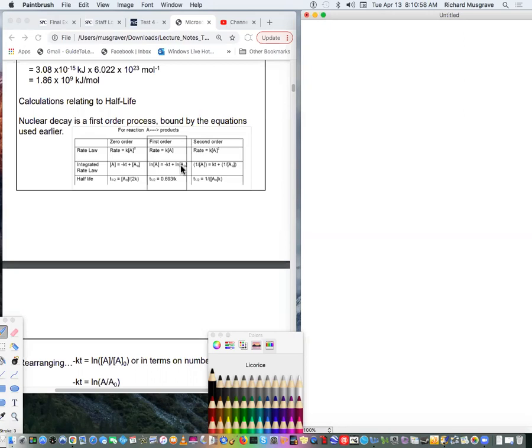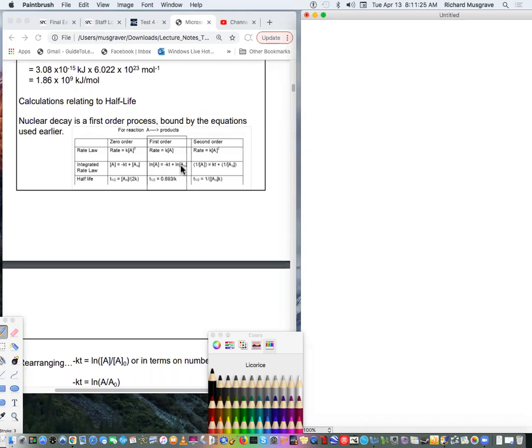So, for example, there's a radioactive isotope of strontium. I can't remember the exact mass of it, but it has a half-life of about 30 days. So what that means is that after 30 days, there's half of it left from what there was in the beginning.